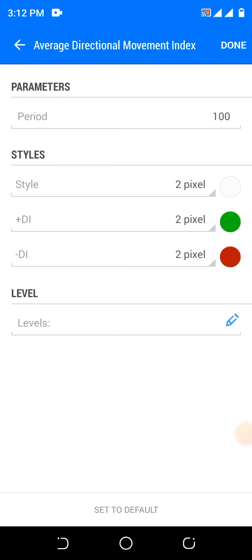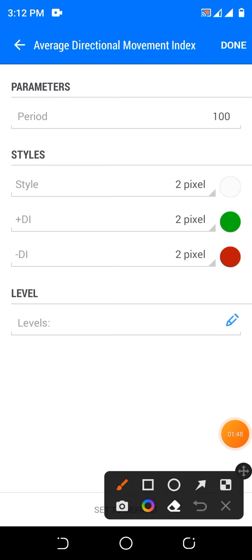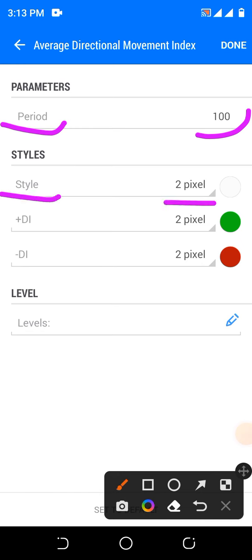Now here are the ADX settings. The period is 100. Do you understand? The color of the style should be the same as your screen background, so the style should not appear on your screen.